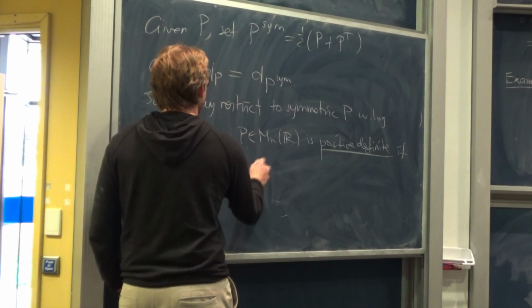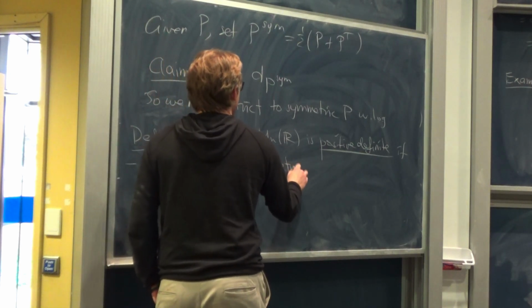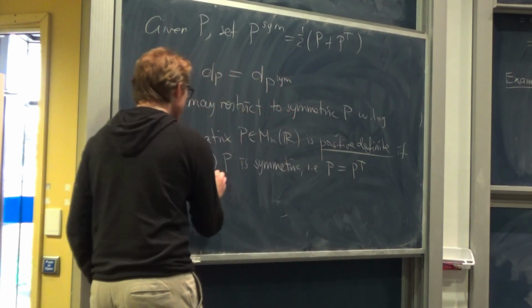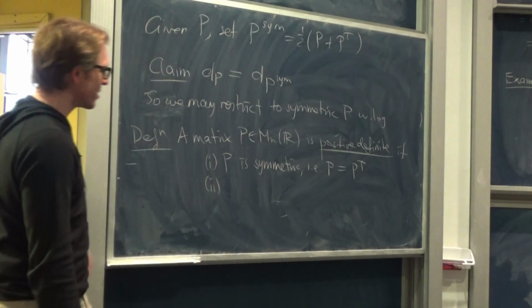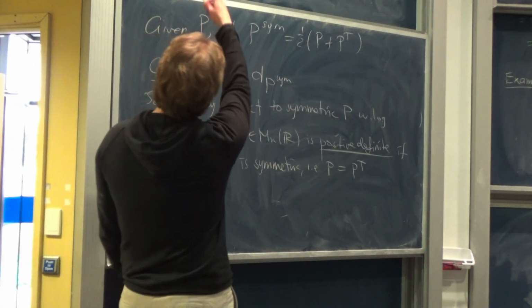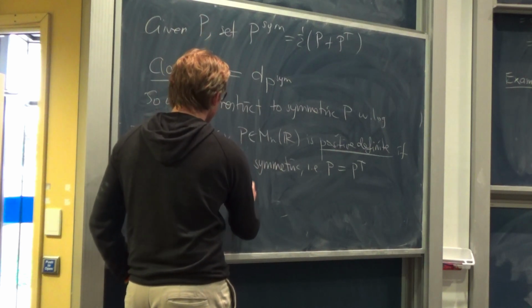1, P is symmetric, okay, and as I just explained, the reason why we don't care about non-symmetric matrices is because we can just symmetrize and then we get a symmetric matrix. 2, it needs to satisfy these, or the first of those conditions.